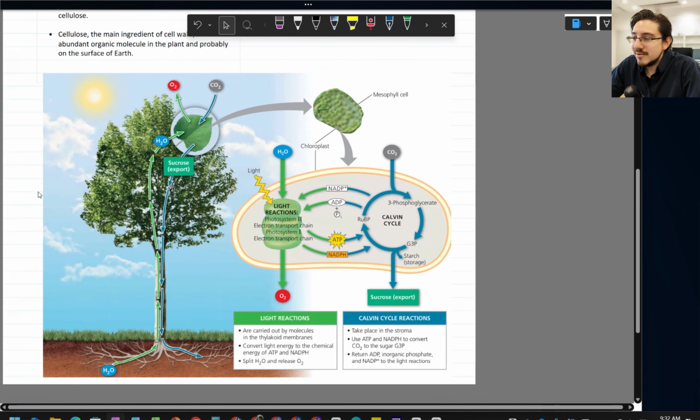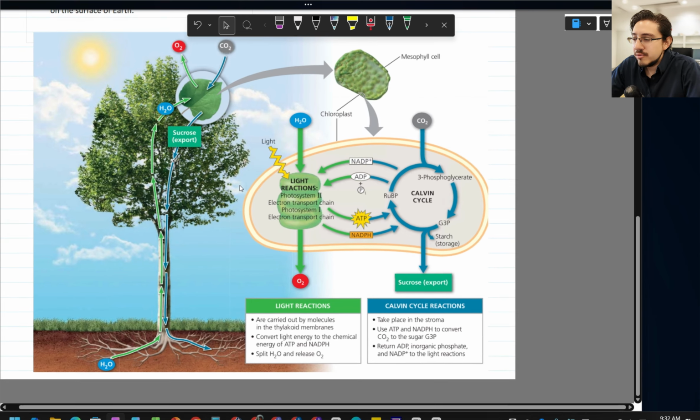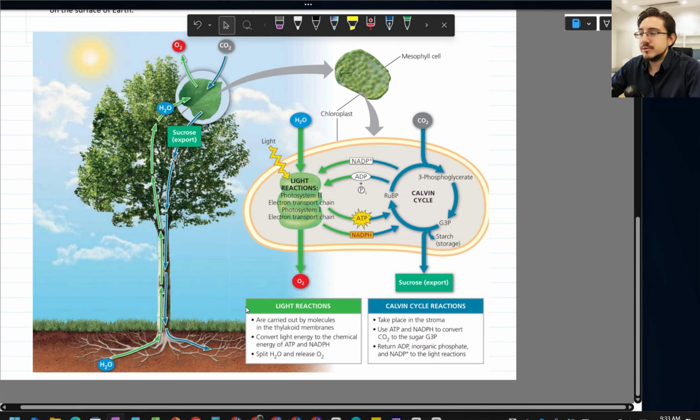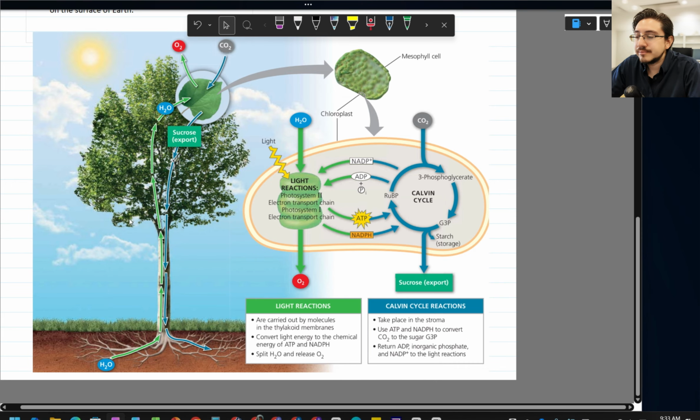Very important. I'm going to show this panel so you can take a look. This is a very nice summary for you to explain to yourselves the overall process of photosynthesis, what's happening on the outside of the plant at the macroscopic level, and then within the plant cell, more specifically the chloroplast.